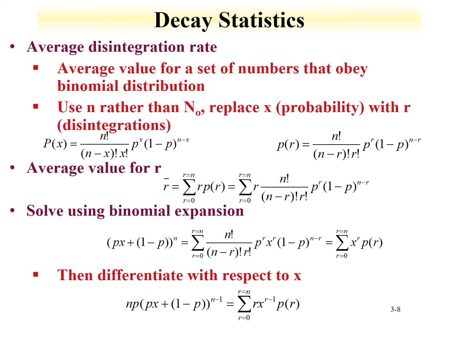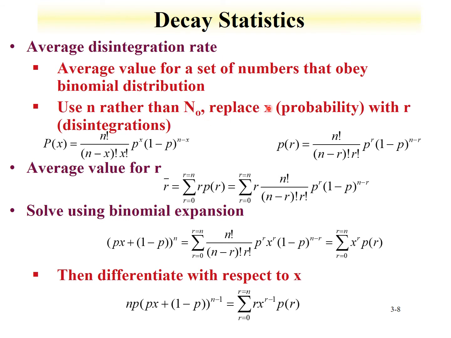We can continue to use binomial distributions to discuss average disintegration rates. We're going to go back to the original equation that was on the slide two slides earlier that we discussed within this section. So we're going to talk about some n number of ensembles or units that bin into a given value as opposed to the initial amount.